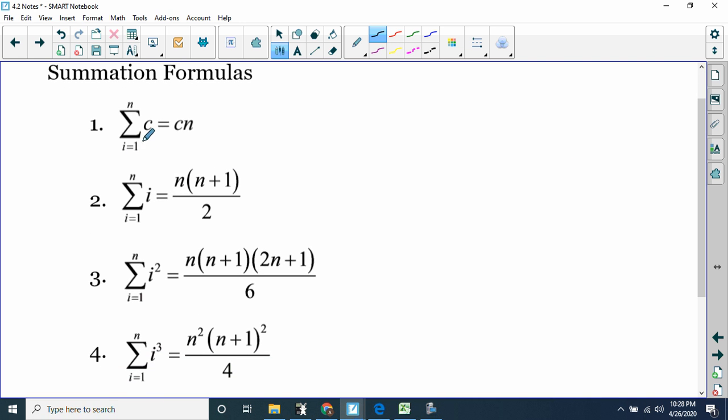The first is if I am summing starting at 1 and going up to n of C, any constant, if this is just a number, like if this looked like I equals 1 to 8 of 3, the answer is going to be the constant times n, and n in this case would be 8. So you would get 24.